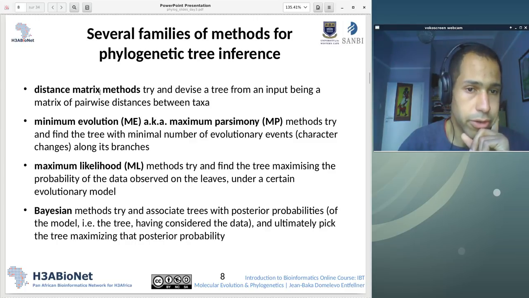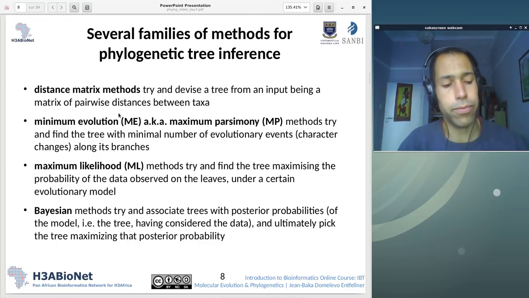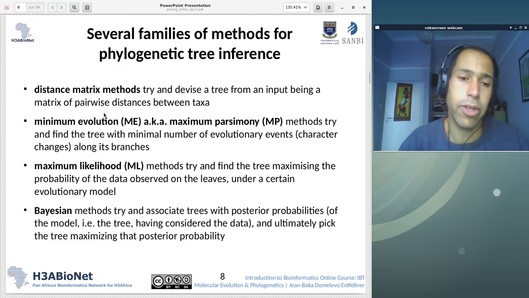Another class of methods to reconstruct a phylogenetic tree is the minimum evolution kind of techniques, and minimum evolution is the same as maximum parsimony.